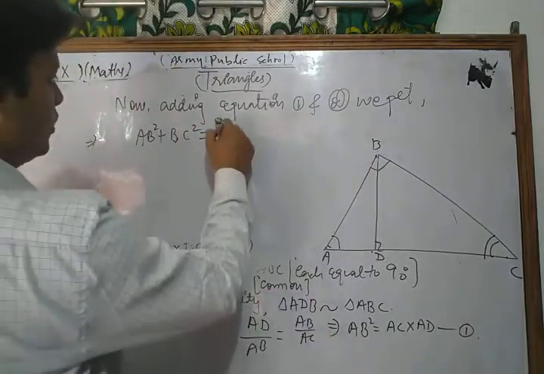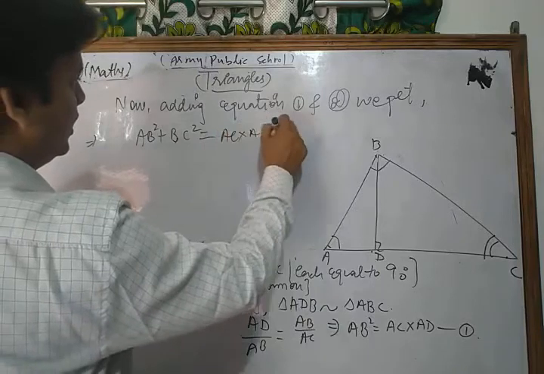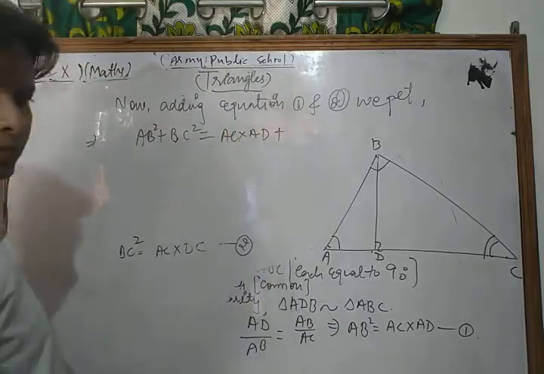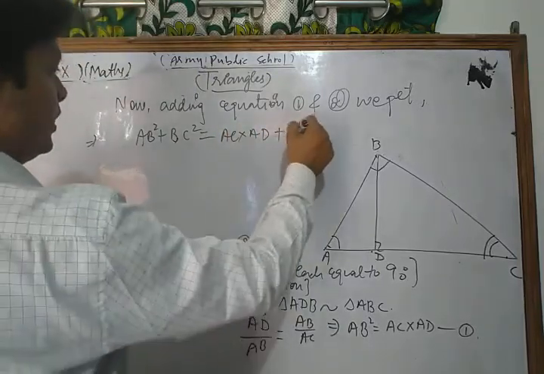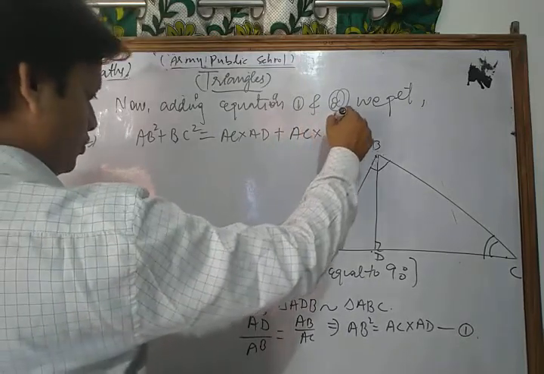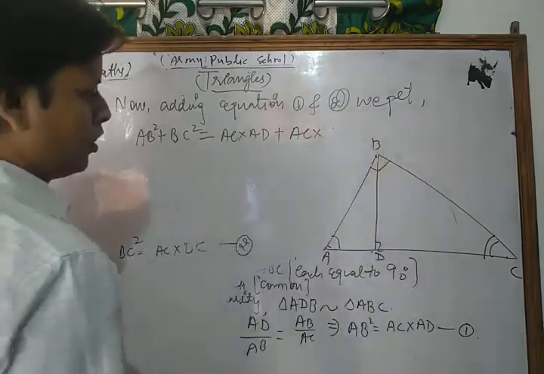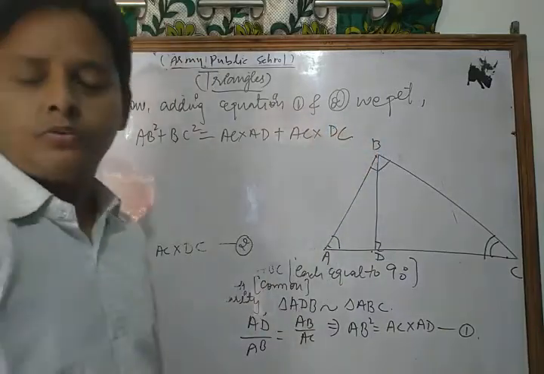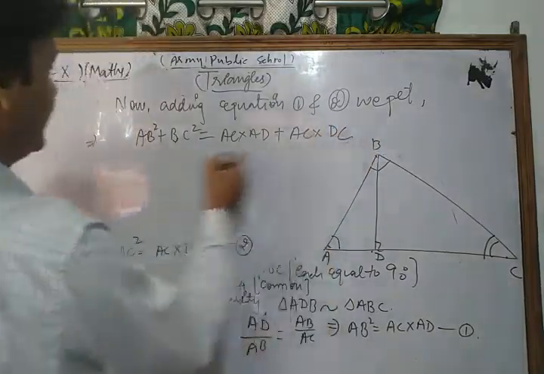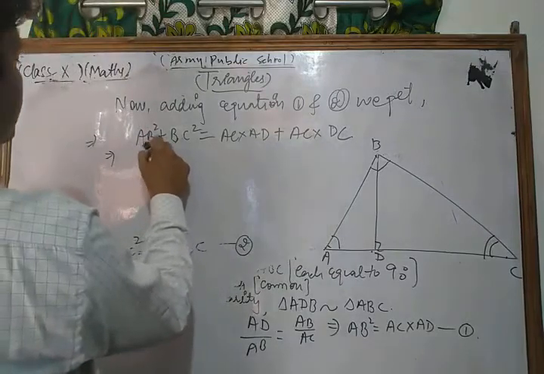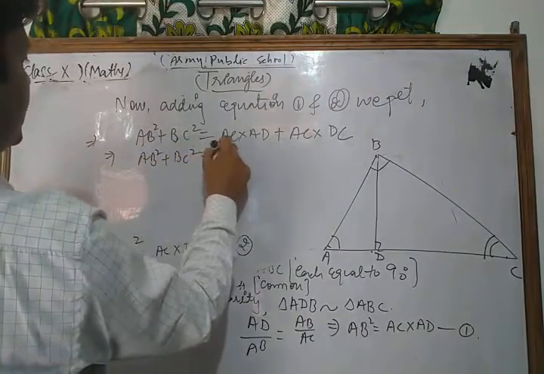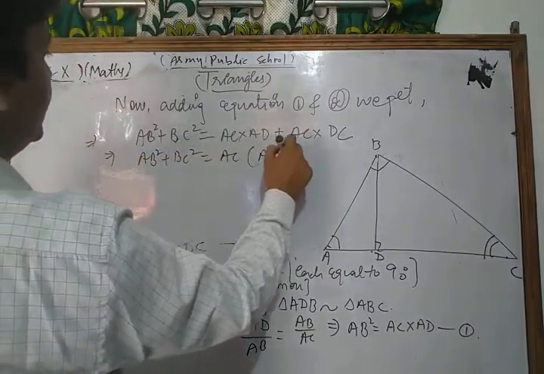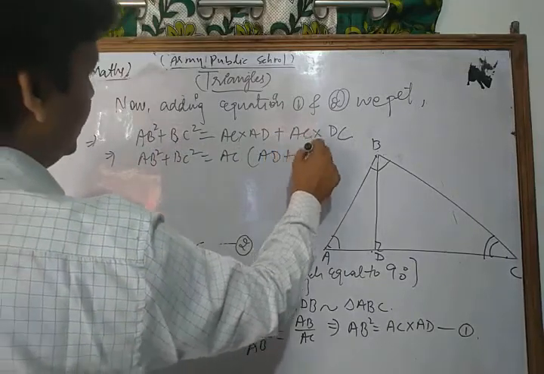The value of AB square is AC into AD, plus BC square, the value of BC square is AC into DC. Now from there we take AC as common, so AB square plus BC square is equal to AC into AD plus DC.